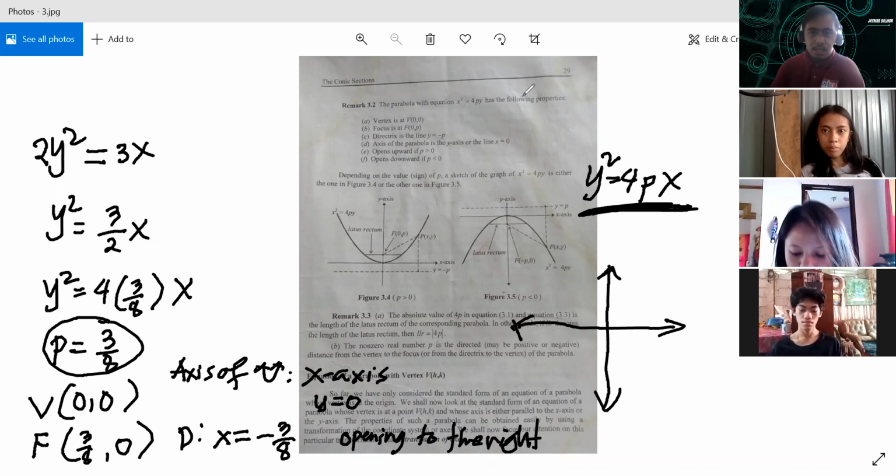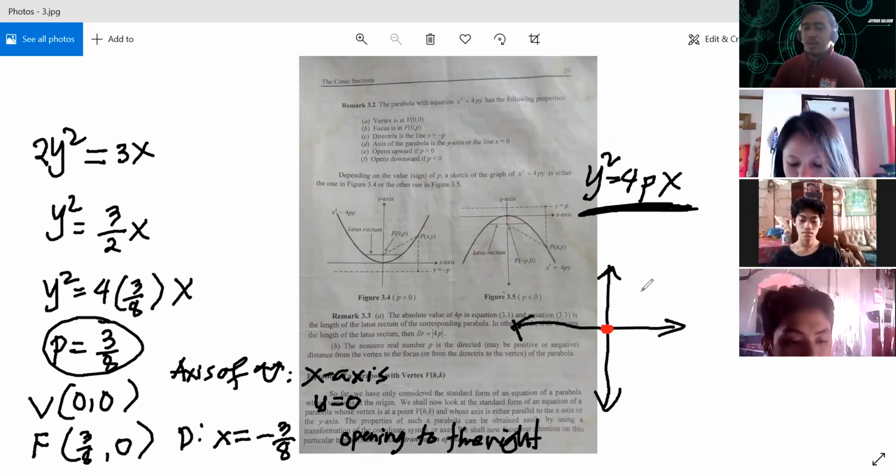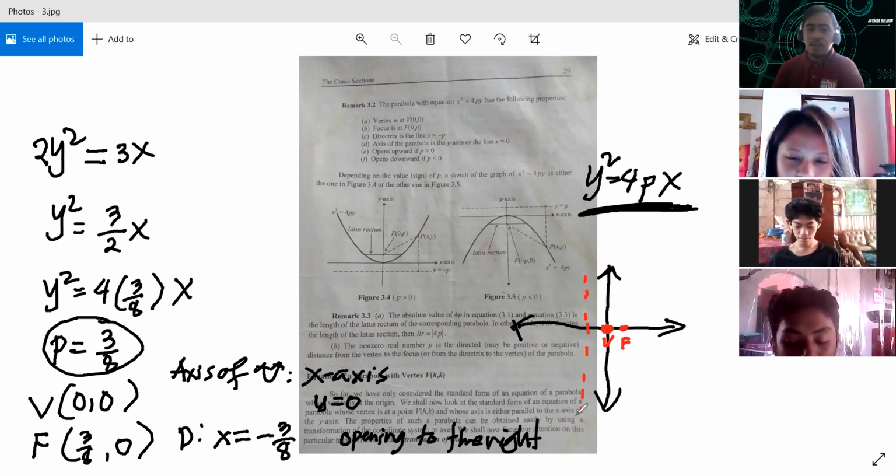The vertex is at 0, 0. The focus is at 3 over 8, 0. That is your focus, and this is your vertex. Your directrix must be somewhere here, this line, x equal to the negative of 3 over 8.